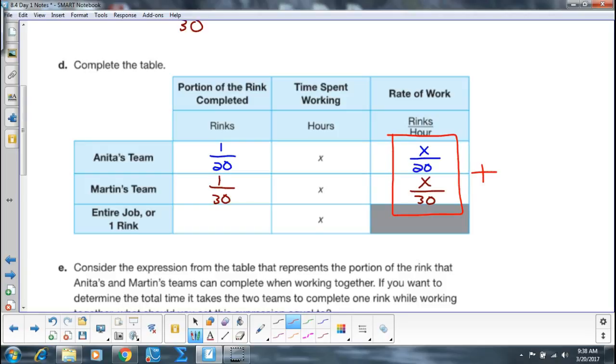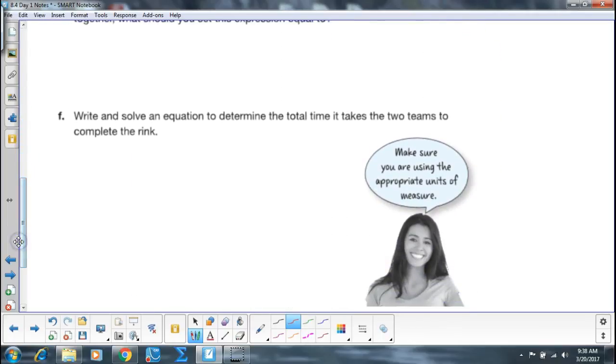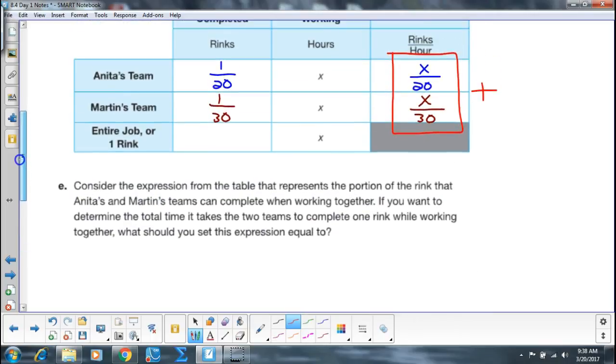Write and solve an equation to find the time. So what are we going to set that equal to? How many jobs do we want to get done? How many rinks do we have to do? One rink. So we're going to set it equal to 1.